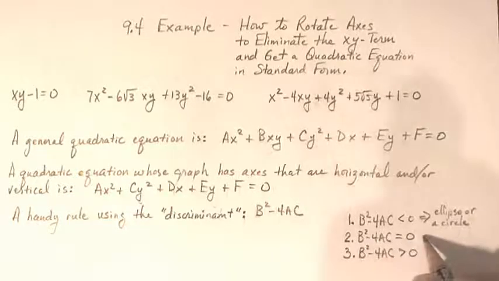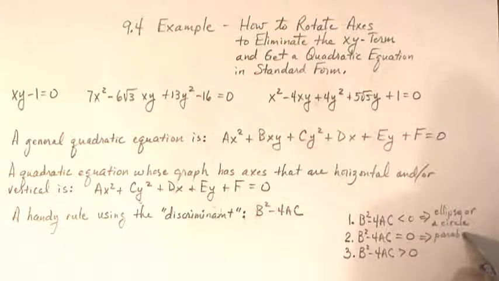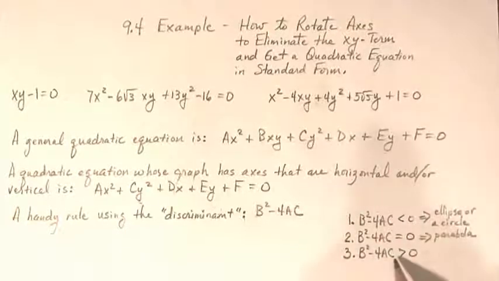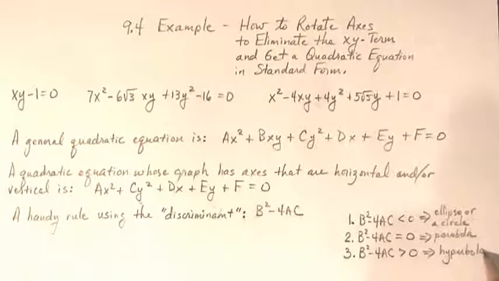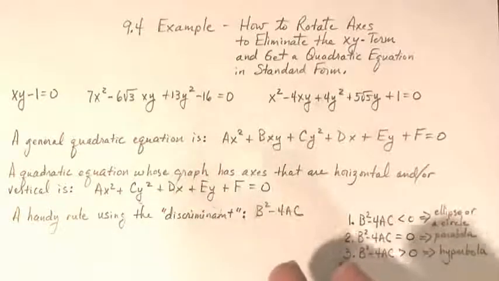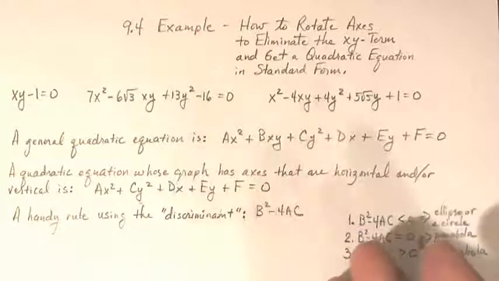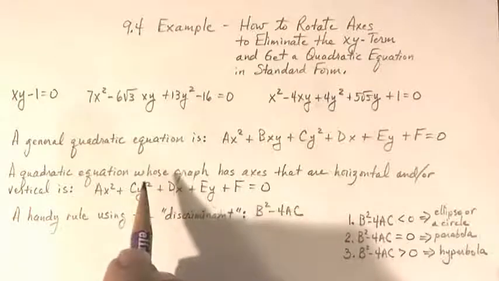If the discriminant is 0, it's going to mean that your graph will be a parabola. And if your discriminant is positive, this is going to imply your graph will be a hyperbola. And this is good to know before you even get started, so that you could see if your calculations are headed in the right direction and it's looking like the equation that you expect.